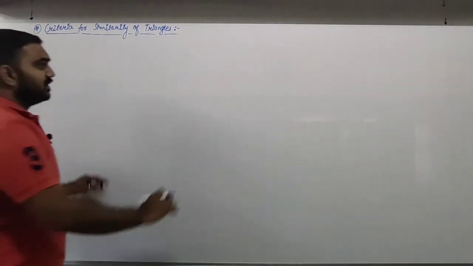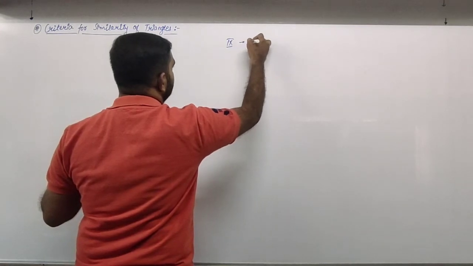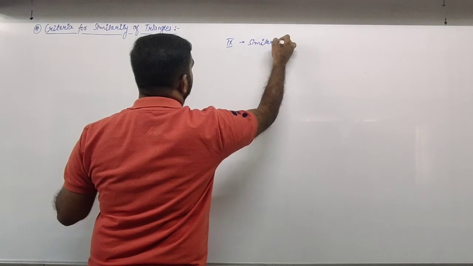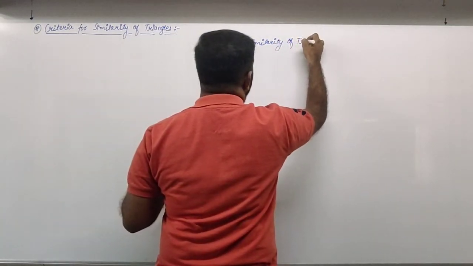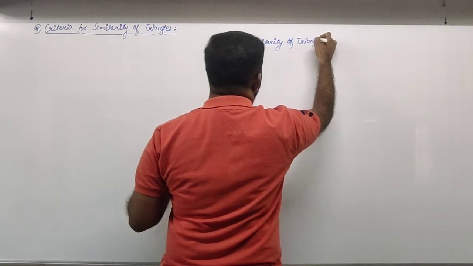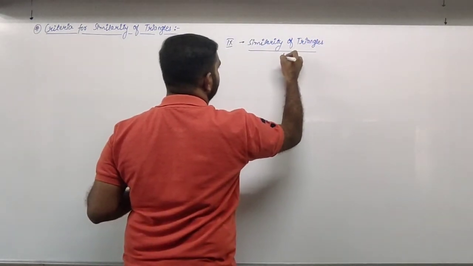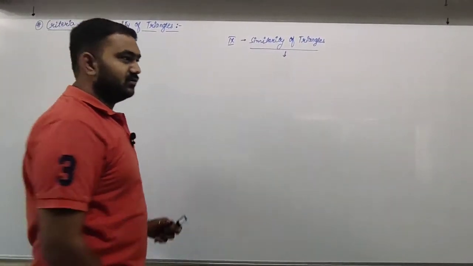So what did we study in standard 9? The similarity of triangles. In the similarity of triangles, we studied briefly 5 different types of similarity criterions.